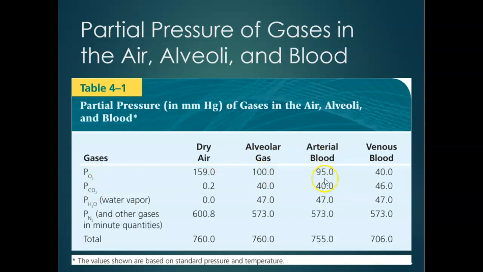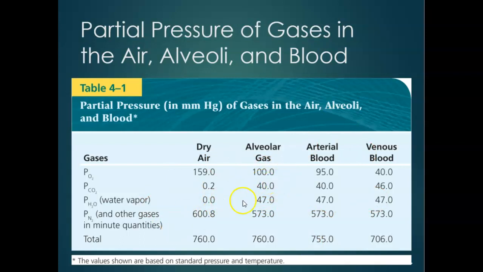Then when it leaves the heart, it should be almost about 90 millimeters of mercury. The venous blood brings it back to the heart and pumps it to the lungs, and then the arterial blood is what's pumped back out to the rest of the body.